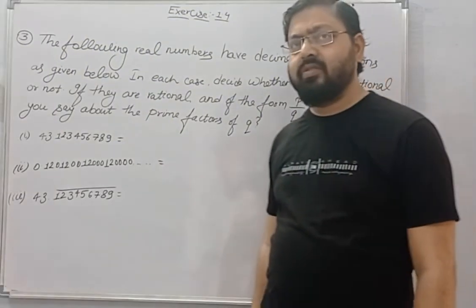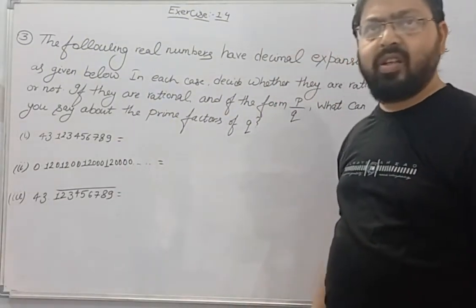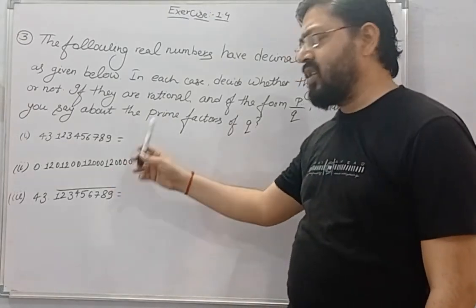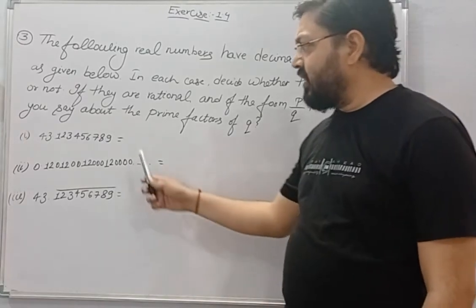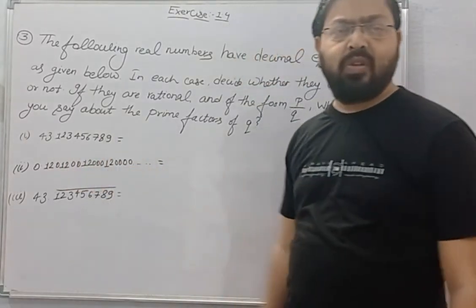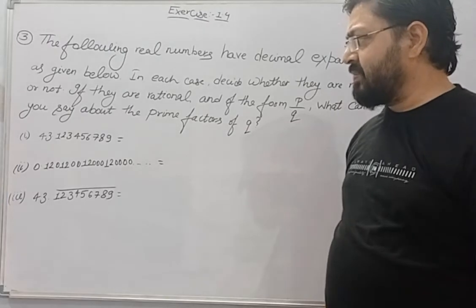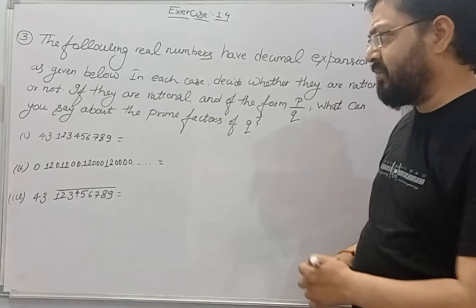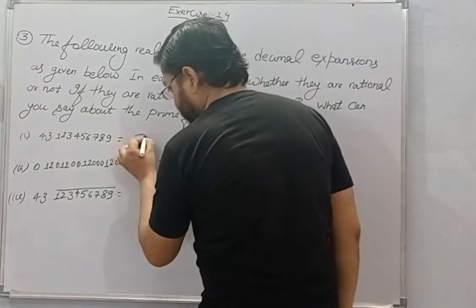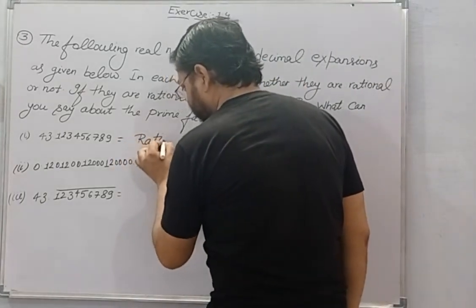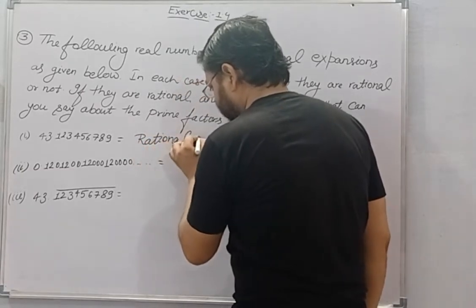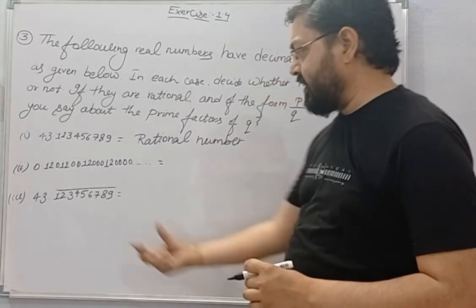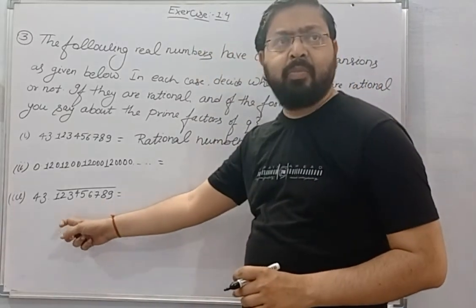Hello friends. Now come to question number 3. In this question, we have to tell whether they are rational or irrational. As this decimal expansion shows terminating decimal expansion, terminating decimal expansion comes into the category of rational number. And this shows non-terminating but repeating.